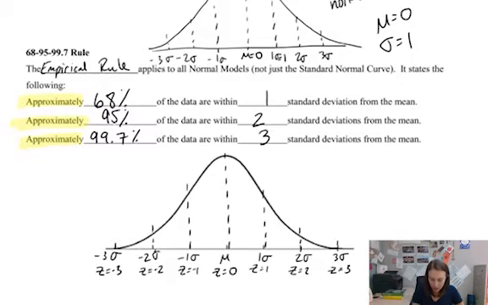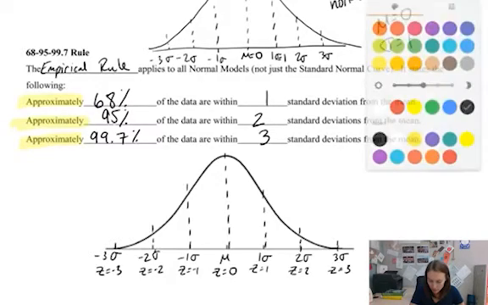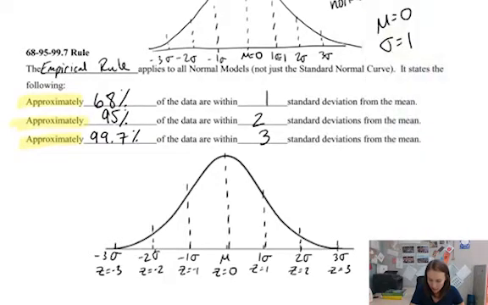Now, if we look at our empirical rule pieces here, I'm going to use a purple pen. This from here to here, so within one standard deviation of our mean, is going to be 68% of the data.